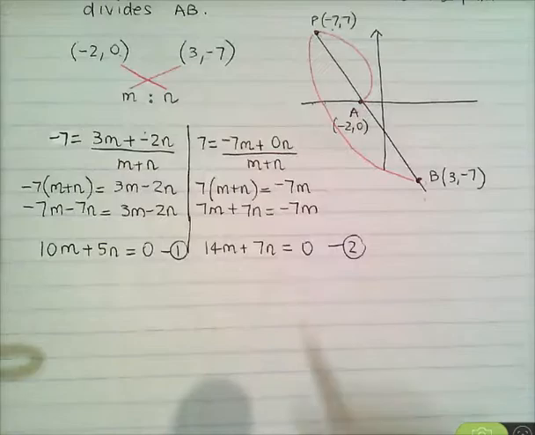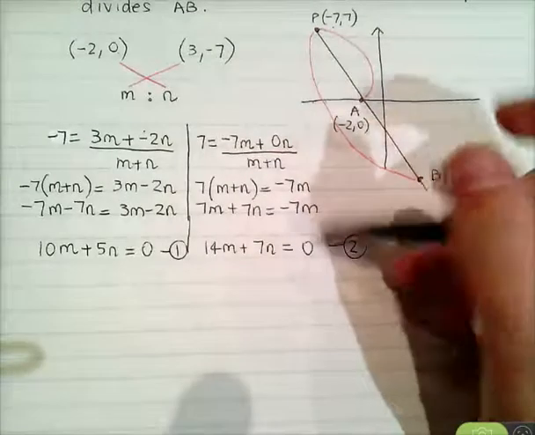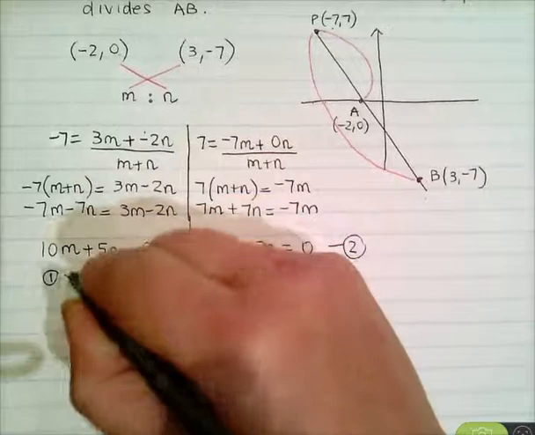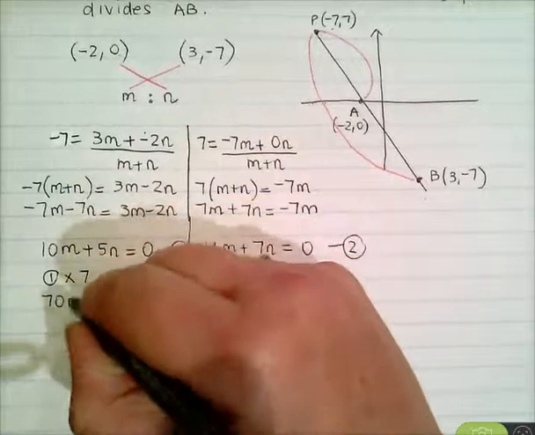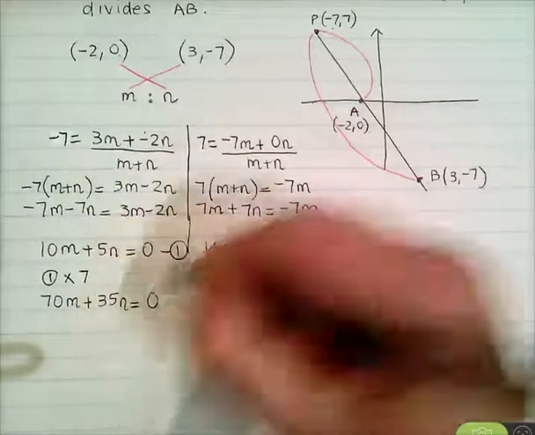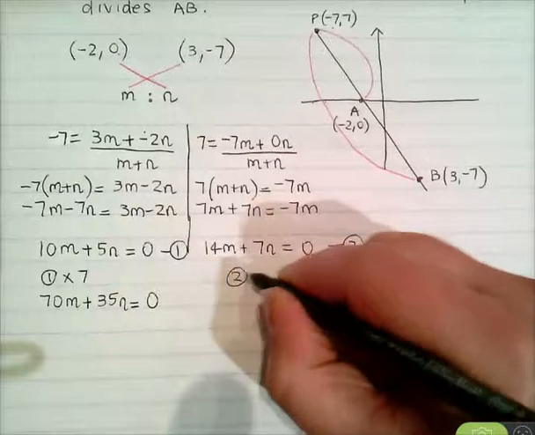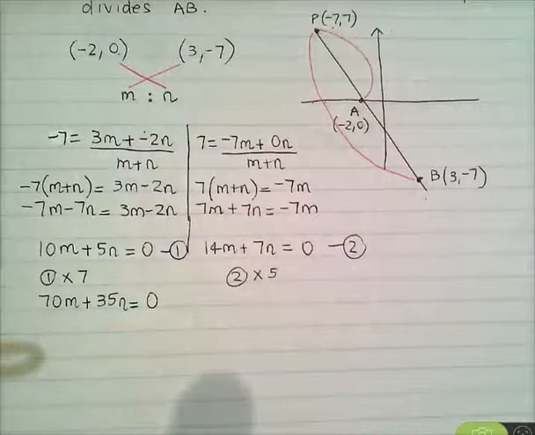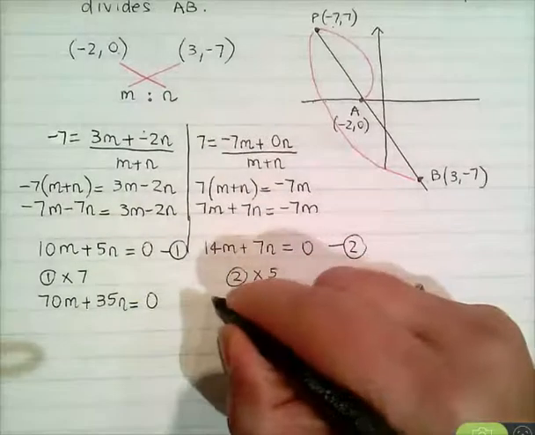Okay, what I think I'll do is make either the m or the n values the same. I think we'll make the n values the same, so I'm going to do equation 1 times 7. So I'll get 70m plus 35n equals 0. And I'm going to do equation 2 times 5.